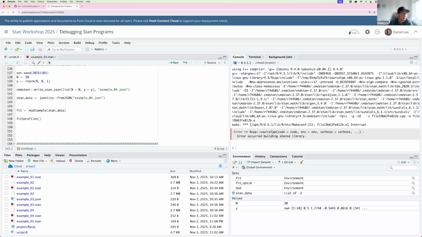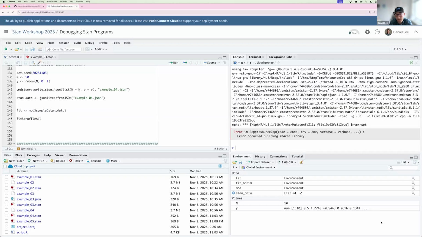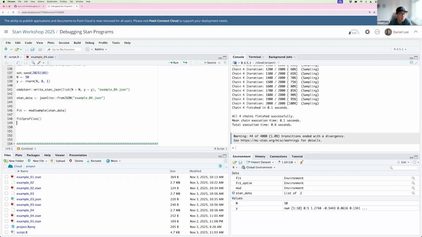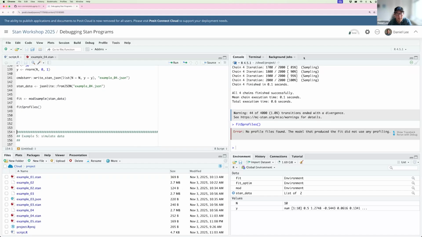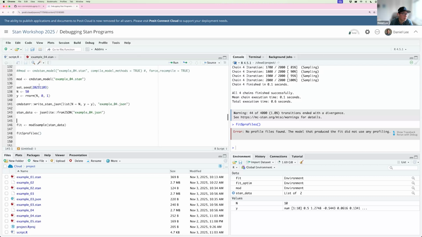Okay, so if we do something like this, we can profile this. There might be something wrong with the makefile. No profile sound, let's see what happened. Example 4.